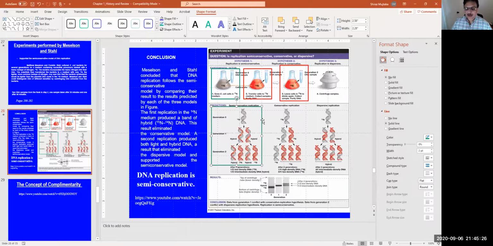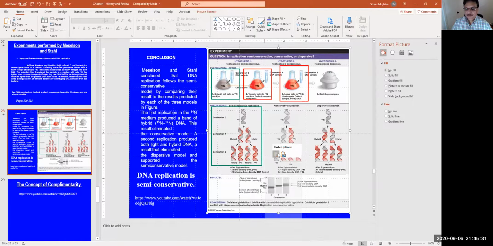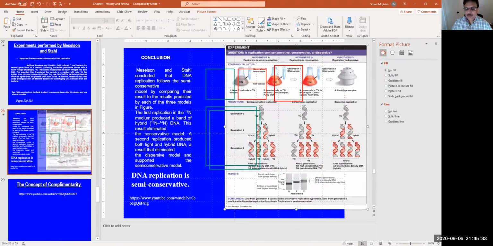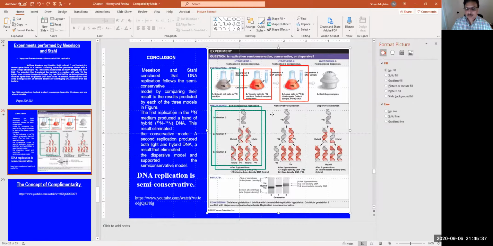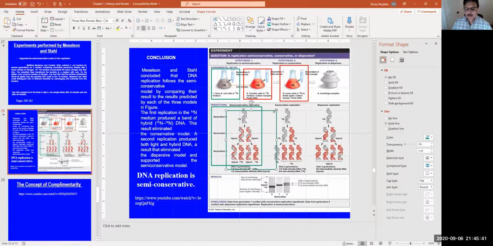In the conservative model, 100% will be N15 in generation 0, because obviously they're growing in N15.